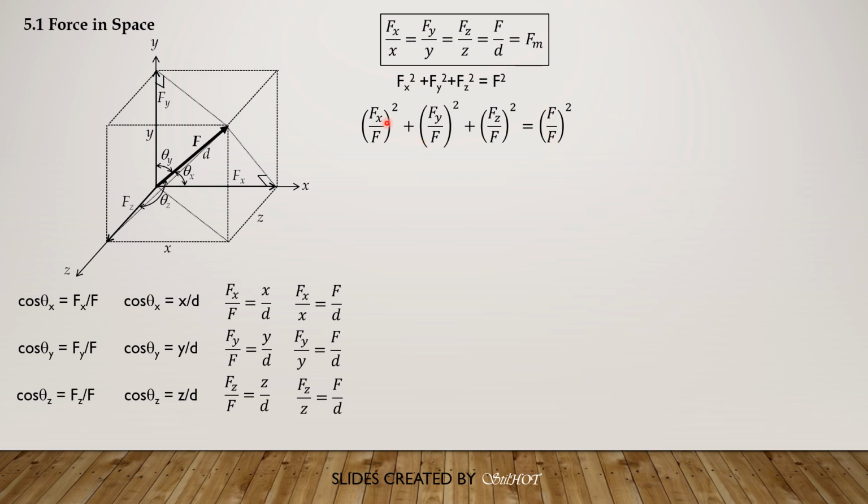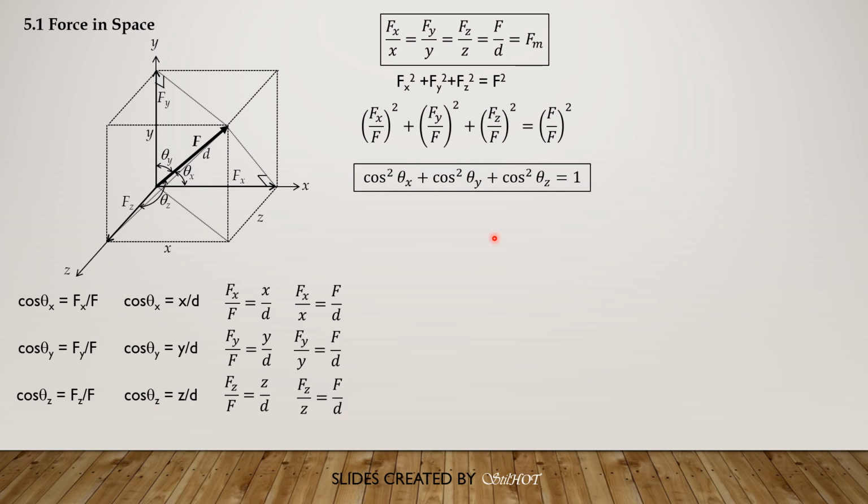The right side is 1, and Fx over F is cosine theta x, Fy over F is cosine theta y, Fz over F is cosine theta z. So the sum of the squares of the direction cosines is equal to 1. Always remember this: cosine squared theta x plus cosine squared theta y plus cosine squared theta z equals 1.